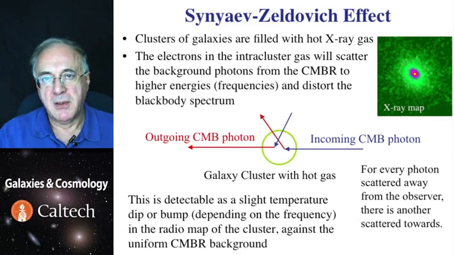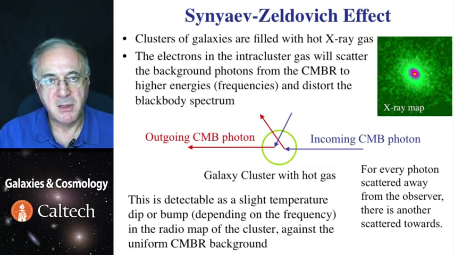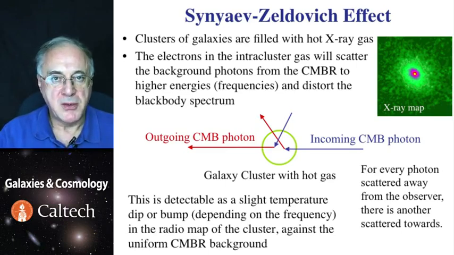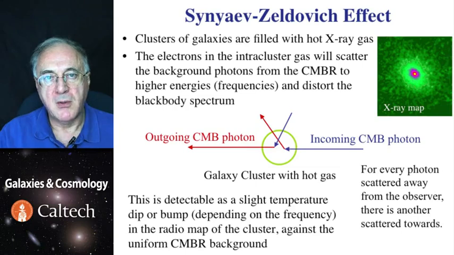Clusters of galaxies contain galaxies, dark matter, but also a lot of hot gas that was expelled from galaxies or accreted by the cluster. And since that gas is in the potential well of a cluster, the speed of individual particles, protons, electrons, has to be such that their kinetic energy balances the potential energy. It turns out that that corresponds to temperatures of millions or tens of millions of degrees, which means that that gas will emit in the X-rays.